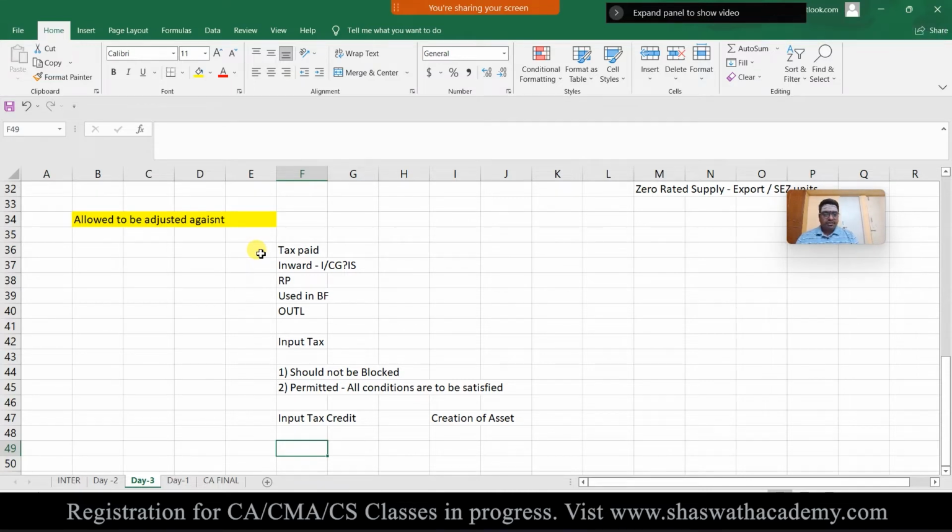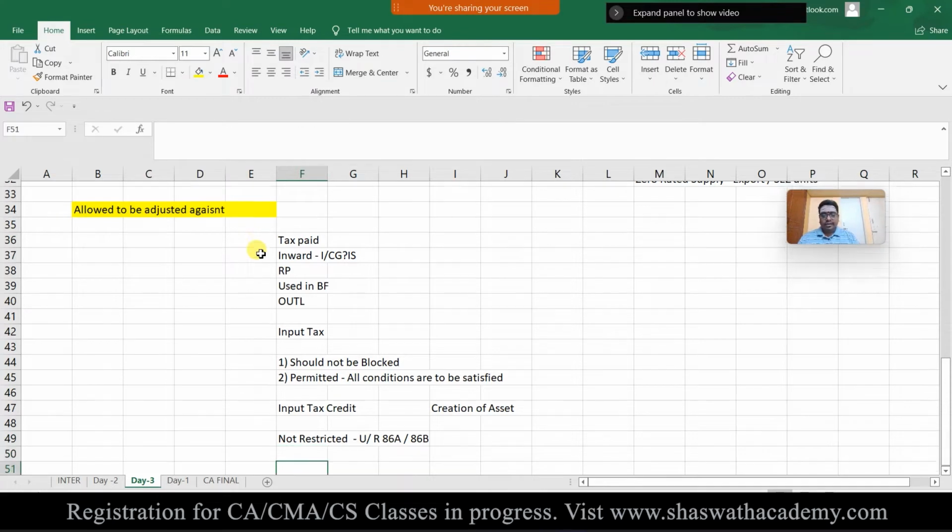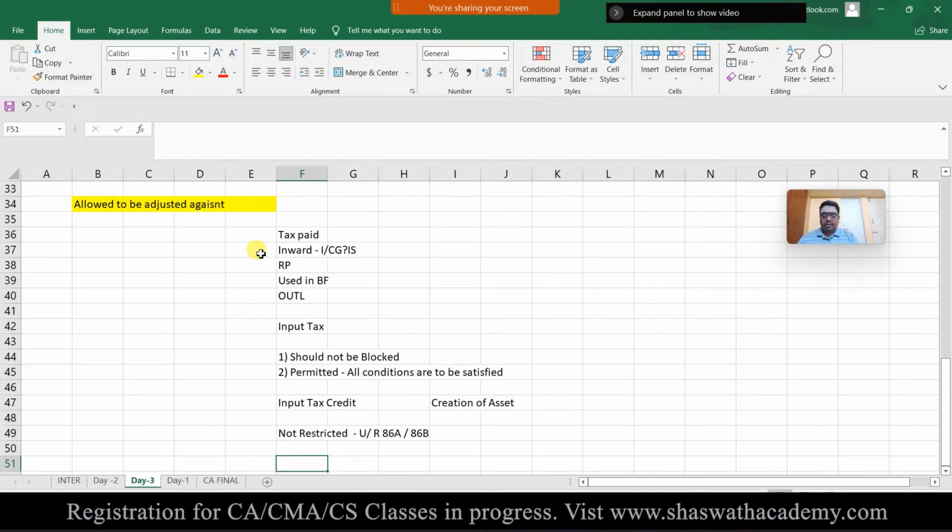We have to check that, point number 1, it is not restricted under rule 86A or 86B. We will have to discuss those. And these are restrictions on utility. Only if it is not there, you can use the ITC. ITC can be utilized.